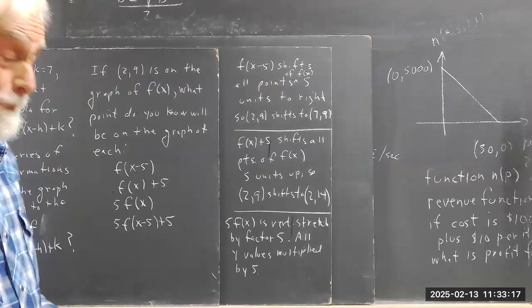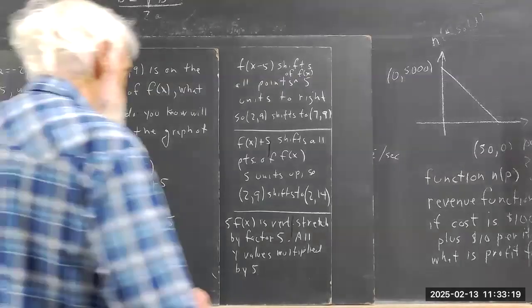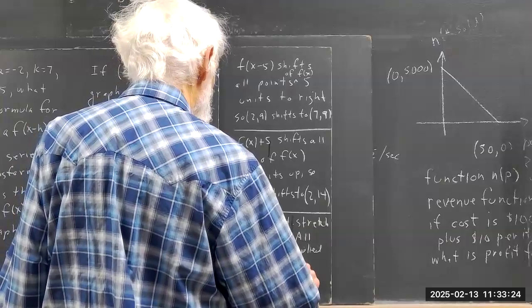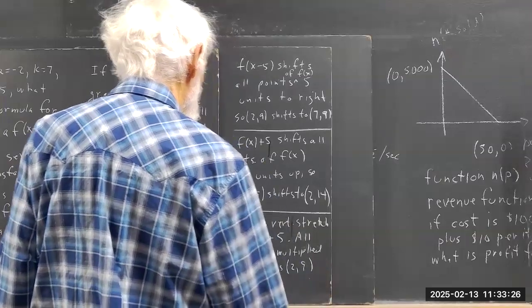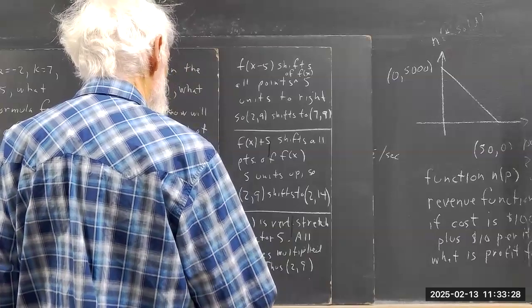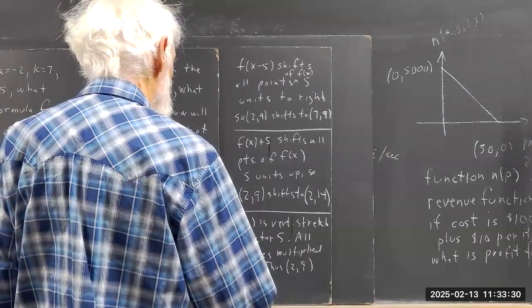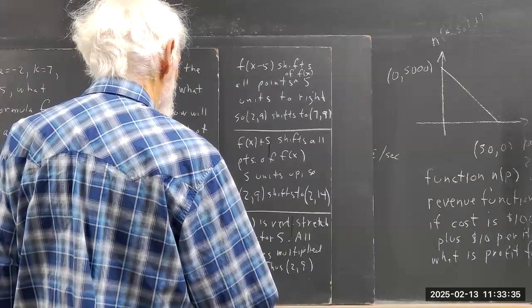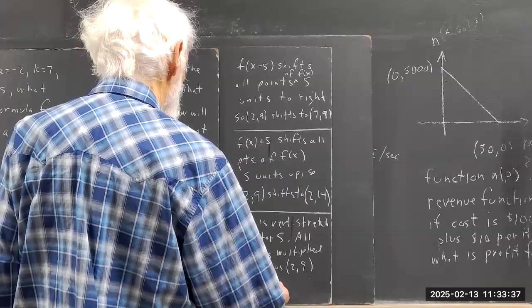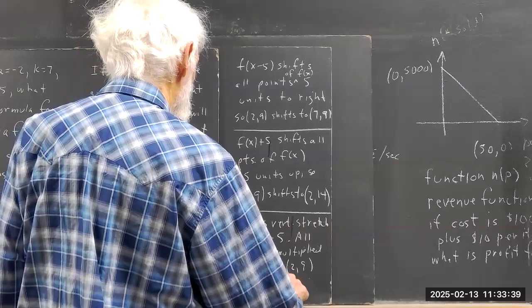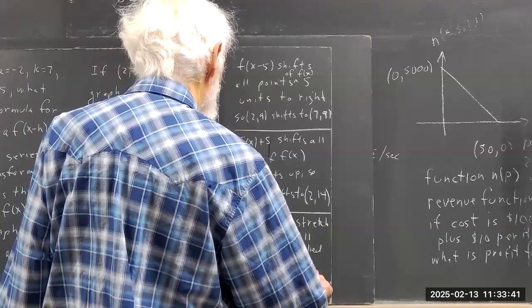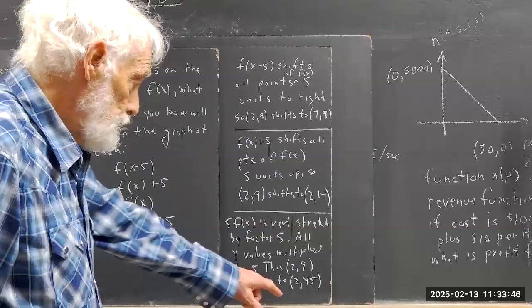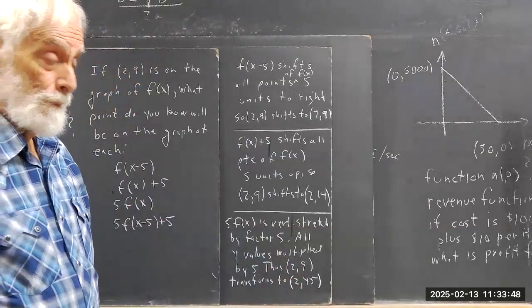Make sure you understand that. The (2, 9) transforms to (2, 45).